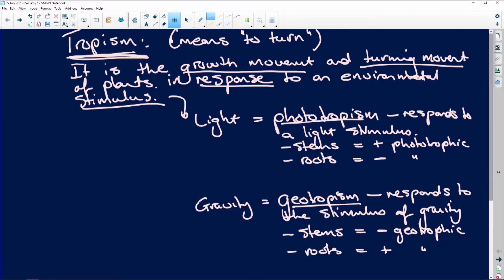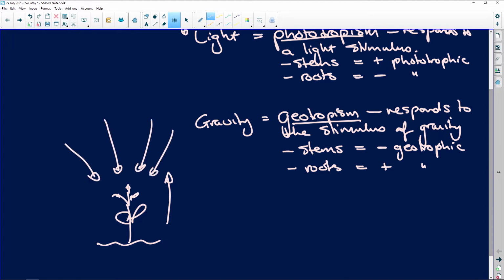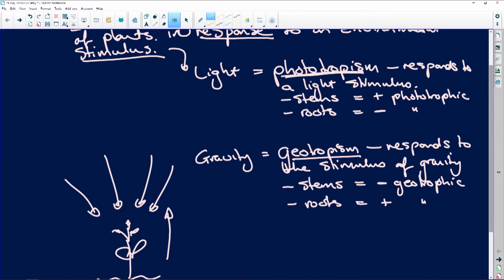So if I've got my little plant here, here's the soil, and I've got my leaves and my little plant, my plant normally will go straight up. Why? Because it's getting a light stimulus from all sides. So that is not going to be phototropism, because the plant is not turning.